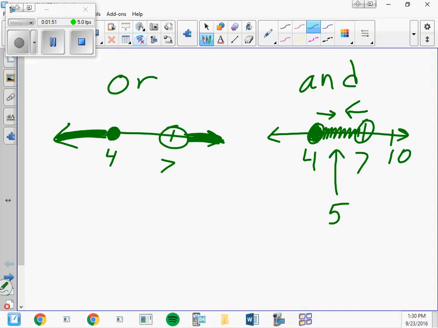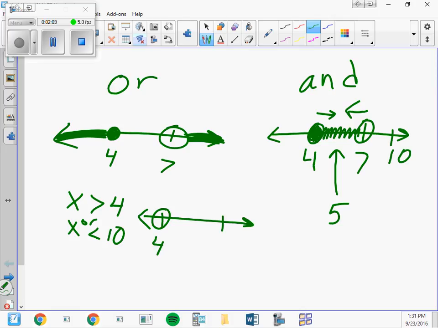I don't think this happens today, but theoretically, you could have one that looks like this. X is bigger than 4, or X is less than 10. And if you were to graph that, so here's 4, and here's 10. Bigger than 4 would be over there, and less than 10 would be over here.